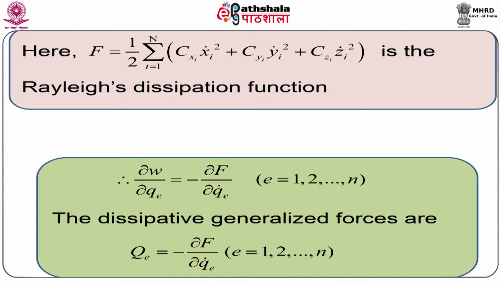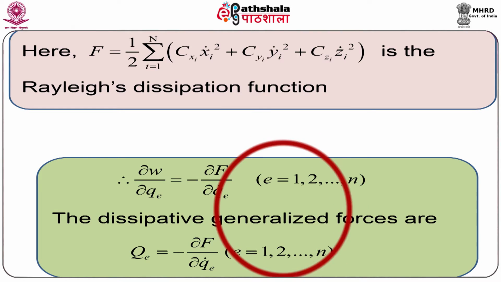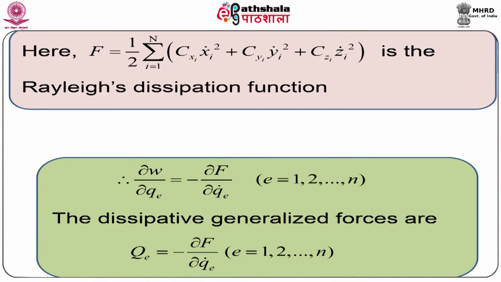N is the degree of freedom. The dissipative generalized forces are capital Qk, which can be written as capital Qk equal to minus del del qk dot operated on capital F. Here we have just used this result. qk dot is the generalized velocity.